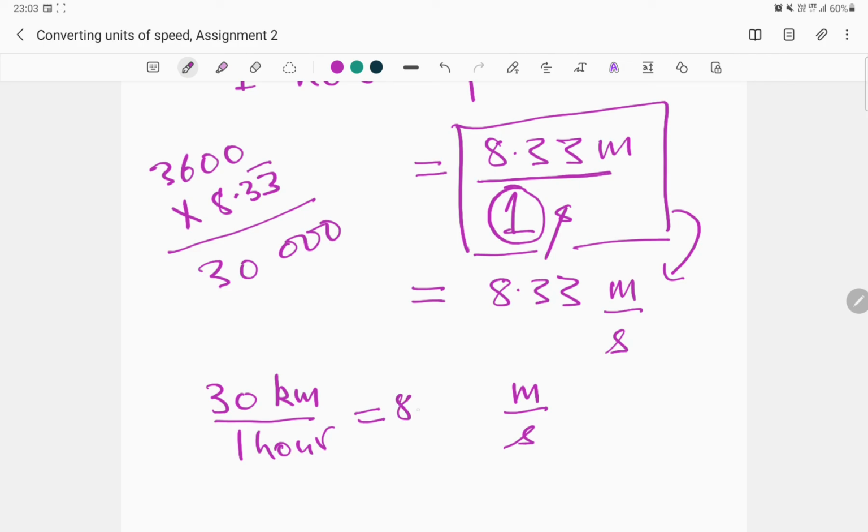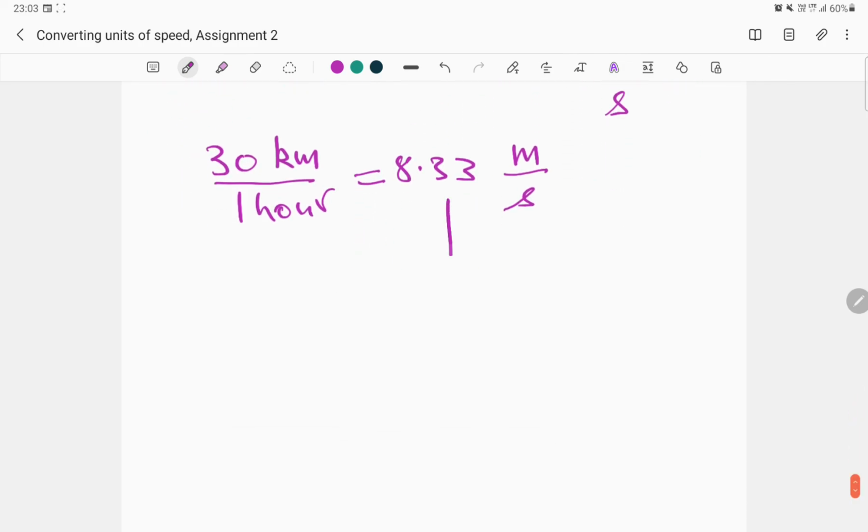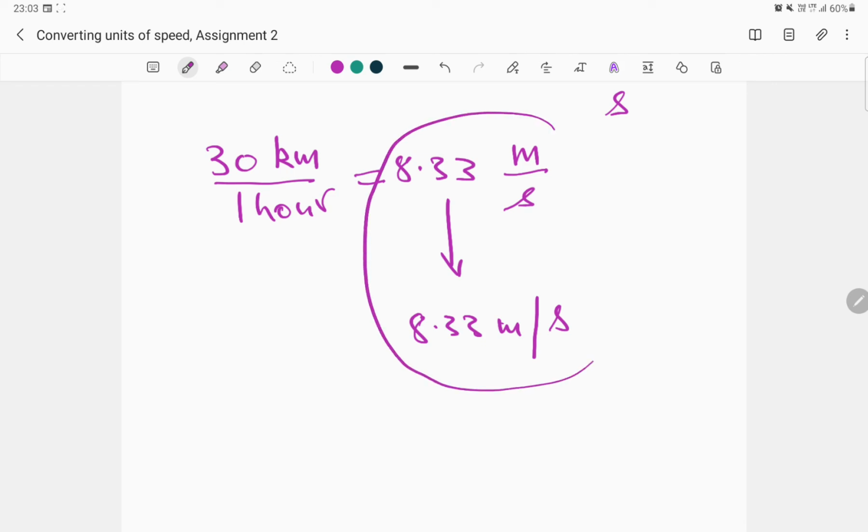Well, it is 8.33 meters per second. You can also write this answer as 8.33 meters, with a slash, per second. It's the same. So both these answers are the same. I hope you have understood how we convert one unit of speed into another unit. And I'm going to do one more example with you in the next video, and then we will solve some questions.